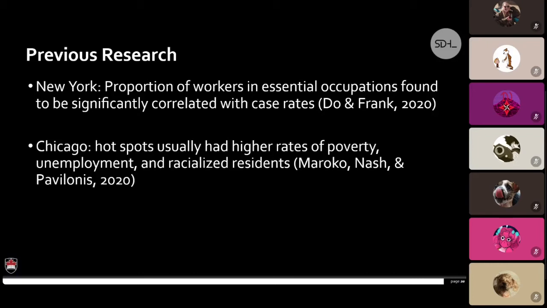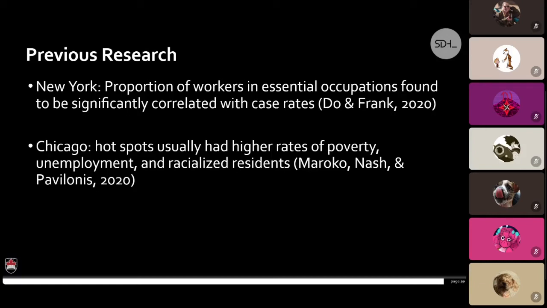There were similar findings in Chicago, where they identified hotspots and, analyzing them, found that those hotspots were likely to have higher rates of poverty, higher rates of unemployment, and also higher rates of racialized residents.